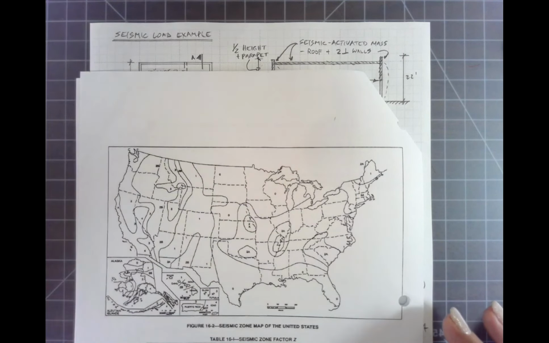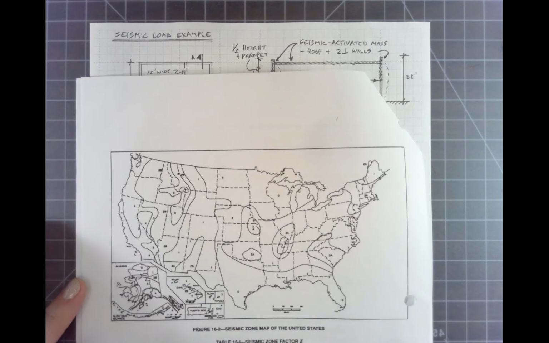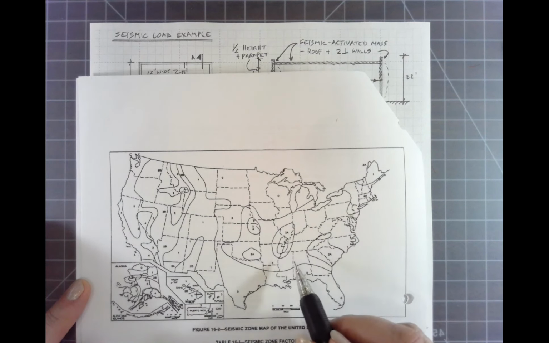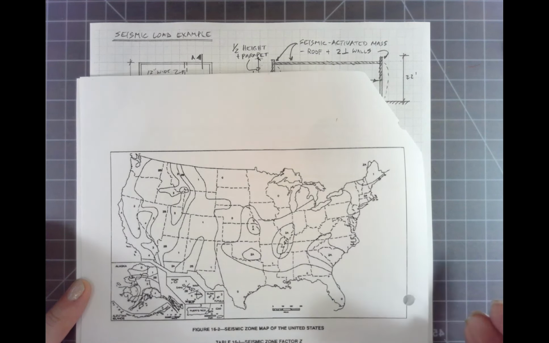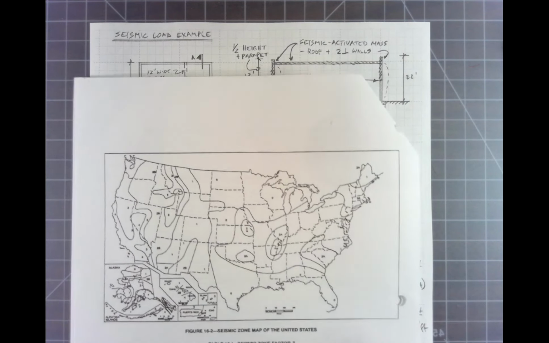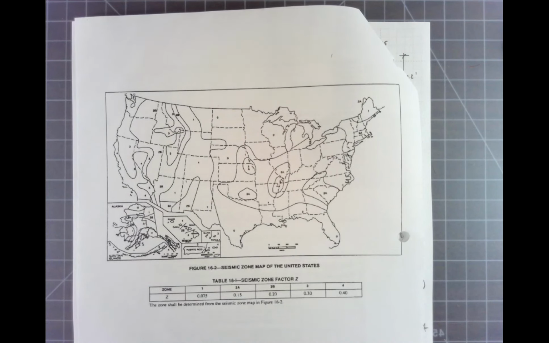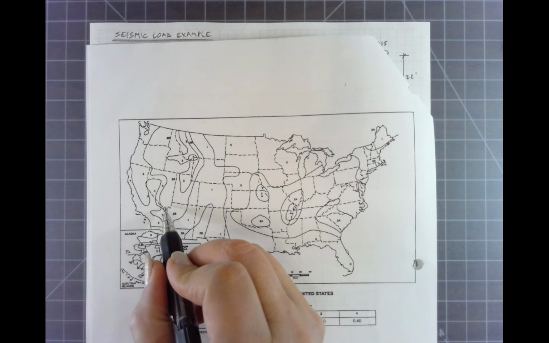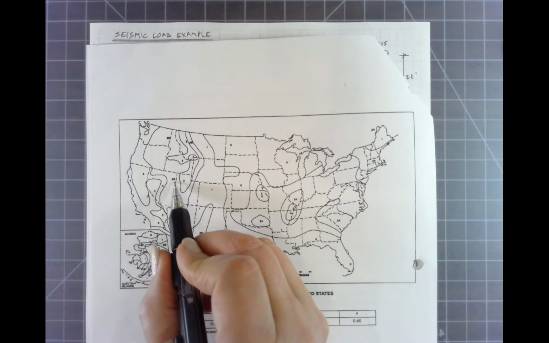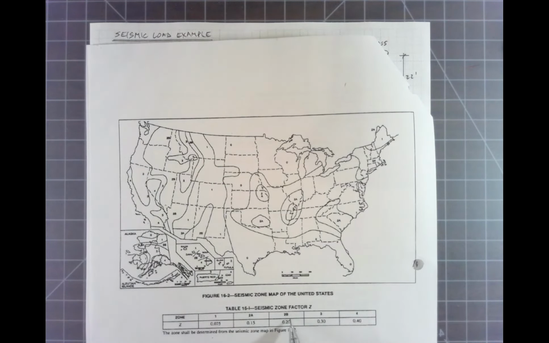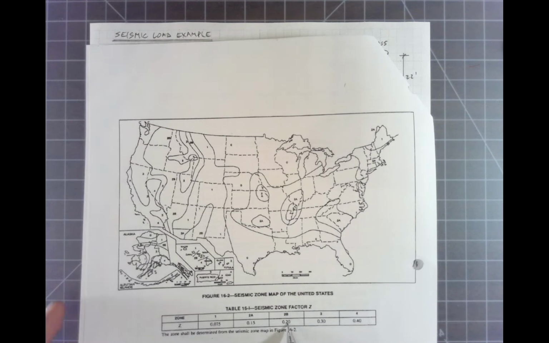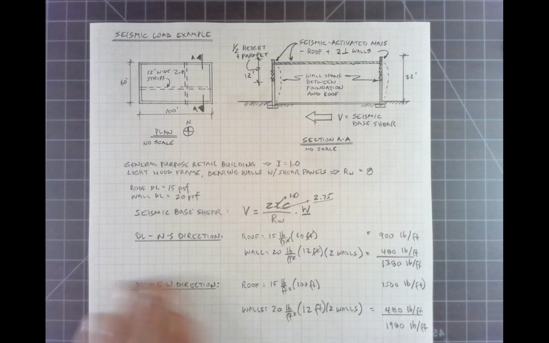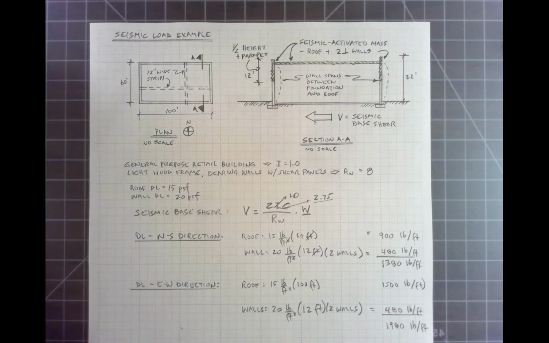The new code maps look very similar, except they're very dense, very precise, and they actually deal with accelerations. This is just a multiplication factor, so it's actually a rather crude technique, but it's useful for us. We're going to be here in Las Vegas. We see this is a 2B. 2B is a seismic Z factor of 0.2. So we put that into our calculation here.